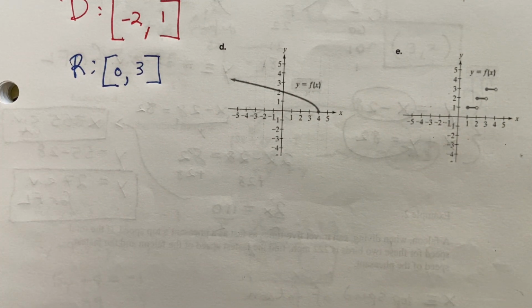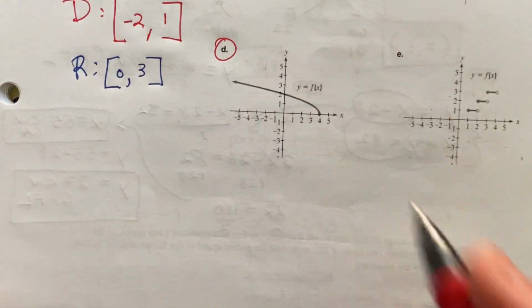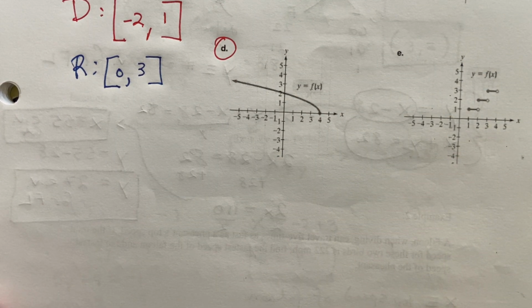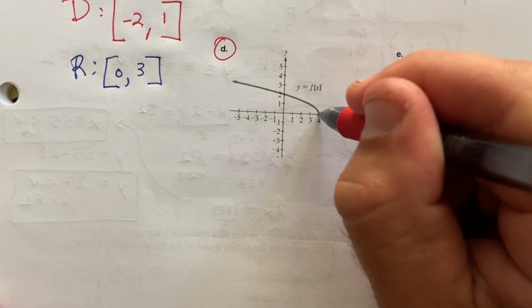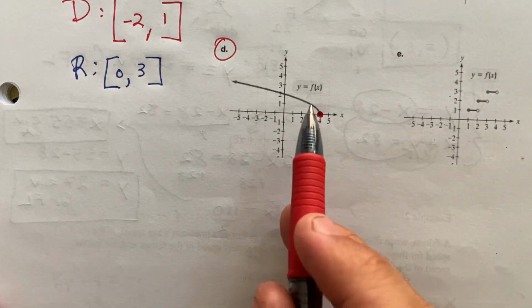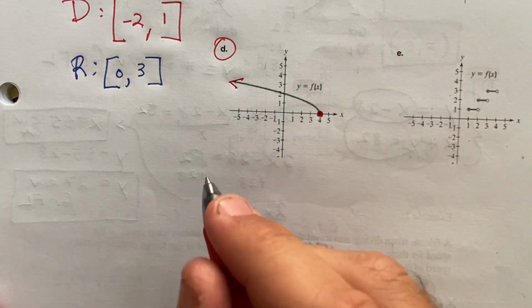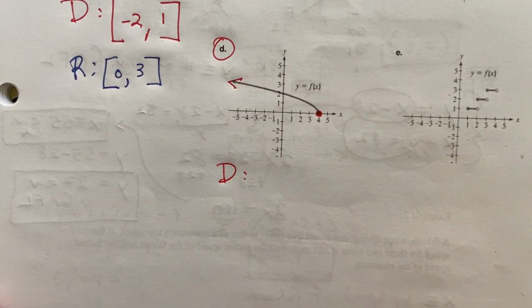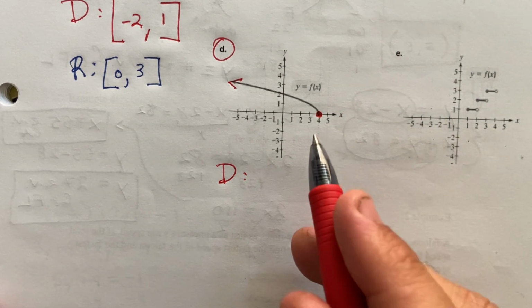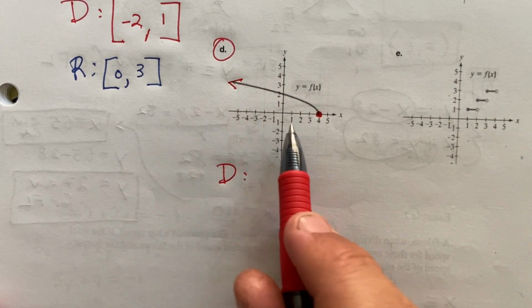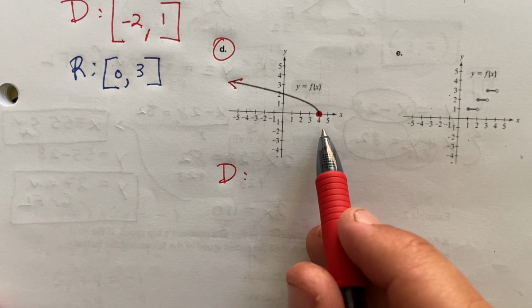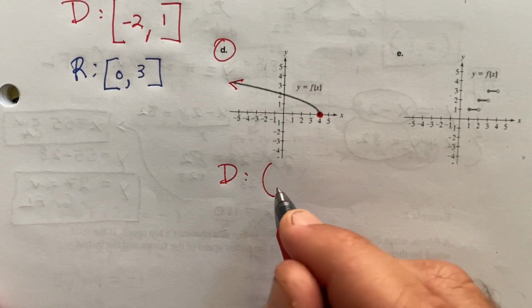On to D. So here we have a closed point, and then we have this arrow. So for the domain, well, we'll need to imply that everything to the left of 4 is included.